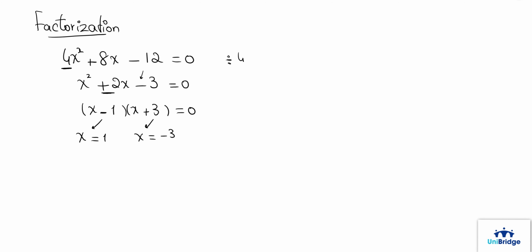Now let's look at the case where the whole equation is not divisible by 4, like 4x squared minus x minus 3 equal to 0. The first thing we said we'll think about is whether I can divide the whole equation by 4. But in this case, the equation is not divisible by 4 since you have a negative 1 here and a negative 3.